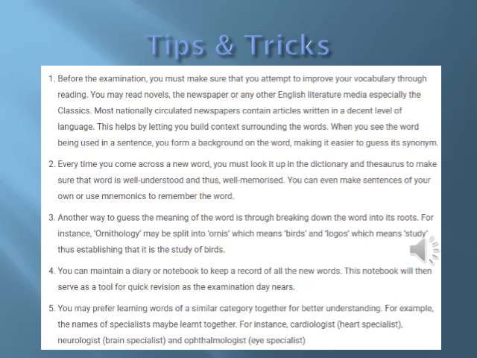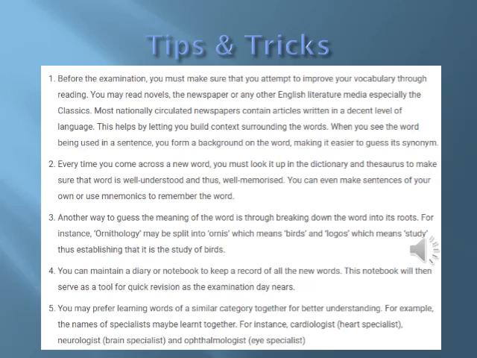So when you read the newspapers, then definitely you'll be able to understand the contextual meaning of that particular word. Once you know the usage of the words, you will be able to build up good vocabulary. Every time you come across a new word, you must look it up in the dictionary and thesaurus to make sure that word is well understood and thus well memorized.